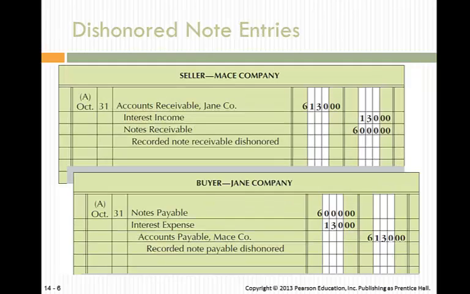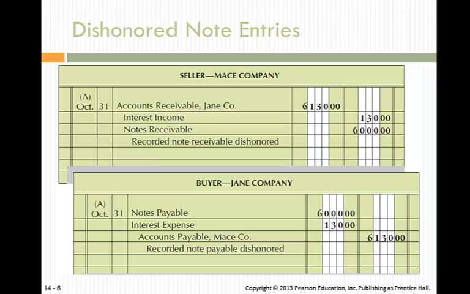Now let's look at what happens if Mace Company does not renew the note and Jane does not pay. In this situation, the note is said to be a dishonored note. Another way to describe this situation is to say that Jane Company has defaulted on its note.